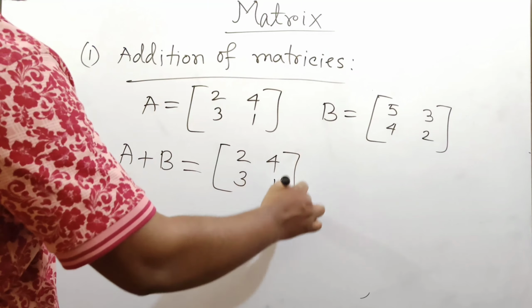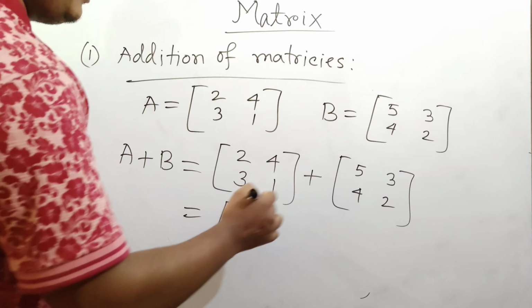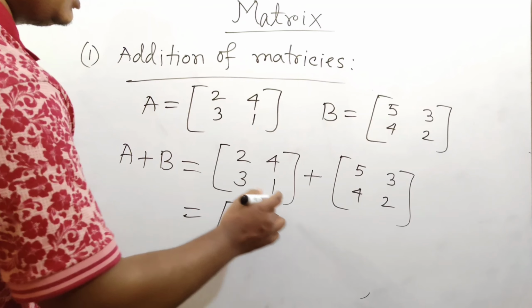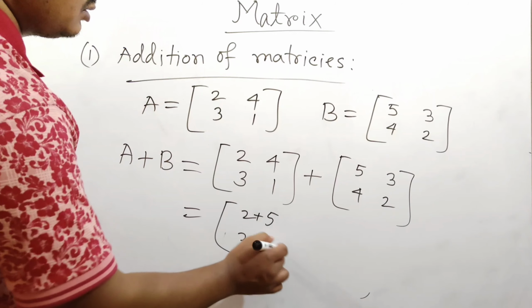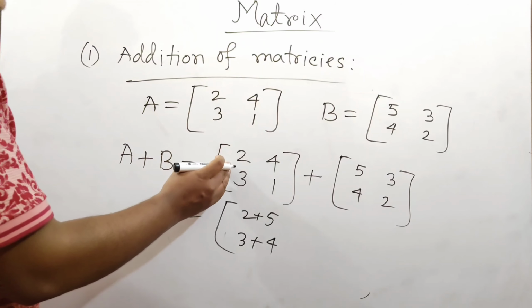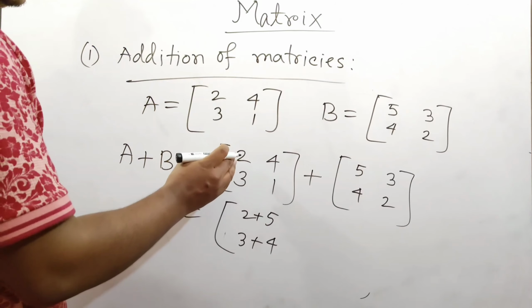If you do the addition, that should be 2 plus 5, 3 plus 4. You just add the first column of the first matrix with the first column of the second matrix, and the second column of the first matrix with the second column of the second matrix.